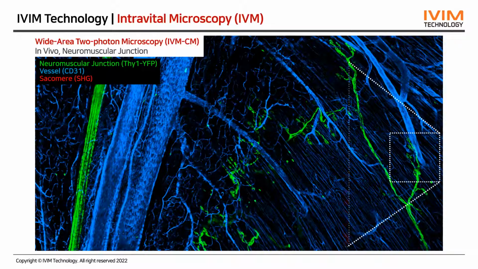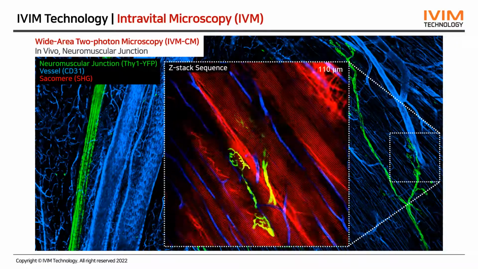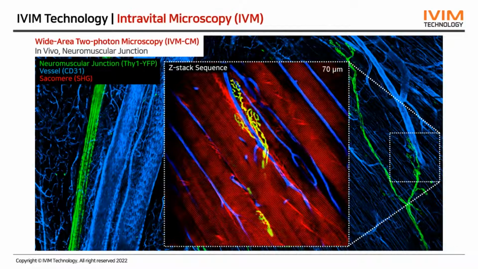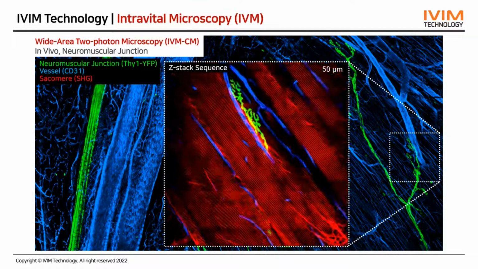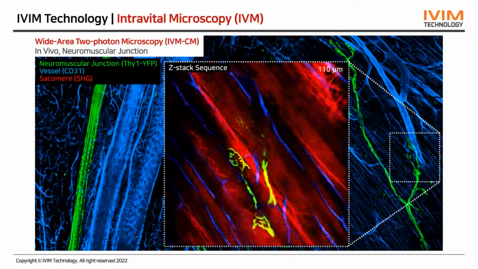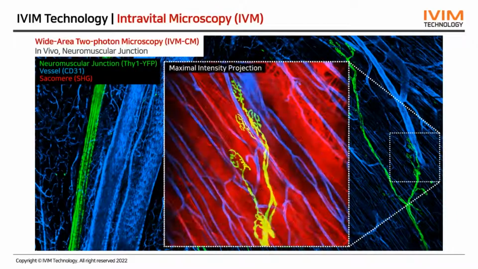In this single field of view image, you can clearly see the red sarcomeres in myocytes with second harmonic generation signals without additional labeling, and green neuromuscular junctions and blue capillaries in a tomographic manner. It is easier to see the whole cellular-level distribution in this maximum intensity projection image.